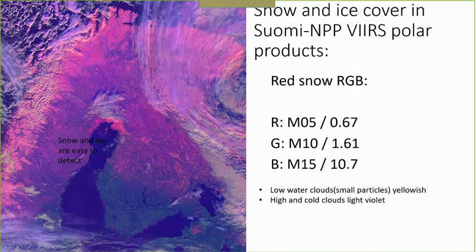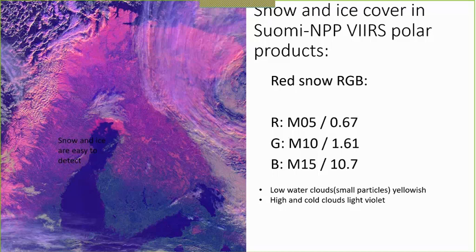Then finally, I have a couple more products that we use sometimes, and hopefully are going to use a lot more often when we get this in use in our operational room. We have the snow and ice cover, sorry, the red snow RGB here, and it's a really nice way of detecting snow and ice.